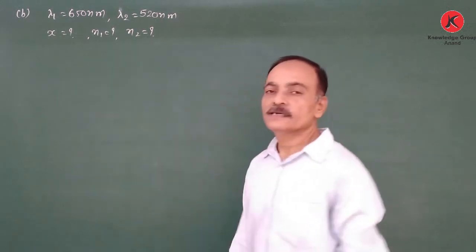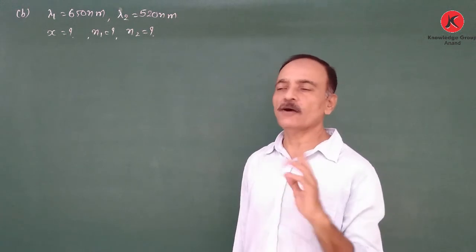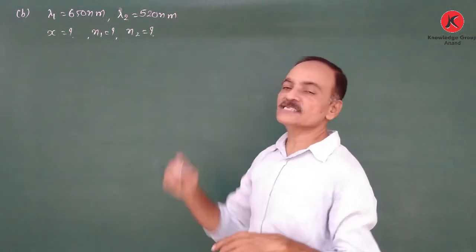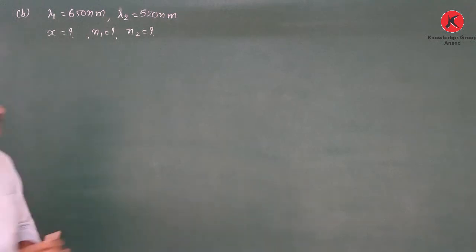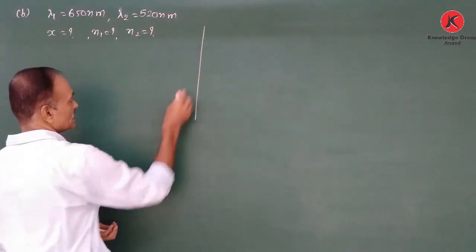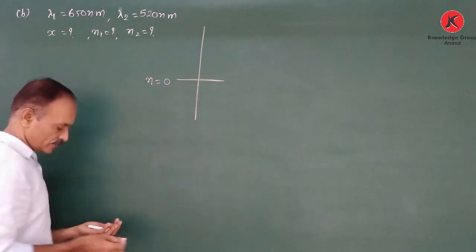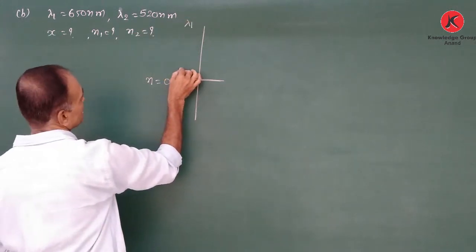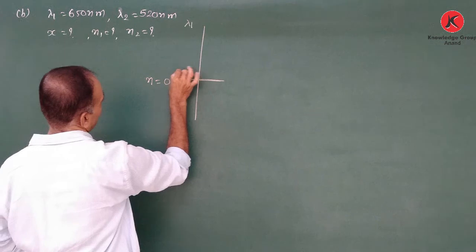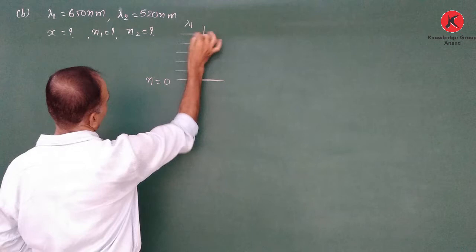Now in part B, at what least distance from the central bright fringe are the bright fringes of both wavelengths superposed? First we have to understand. On the screen, there is the central bright fringe corresponding to n equal to 0. Now for wavelength lambda 1, the bright fringes are formed like this: the first, the second, the third, the fourth.